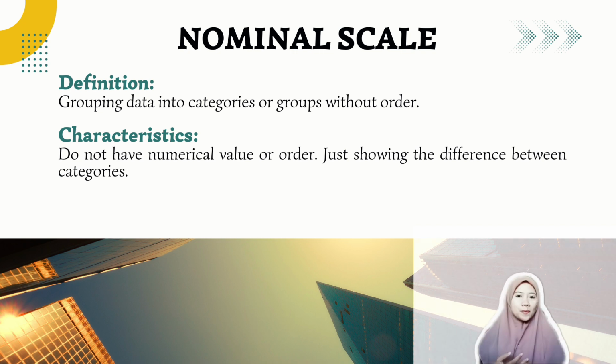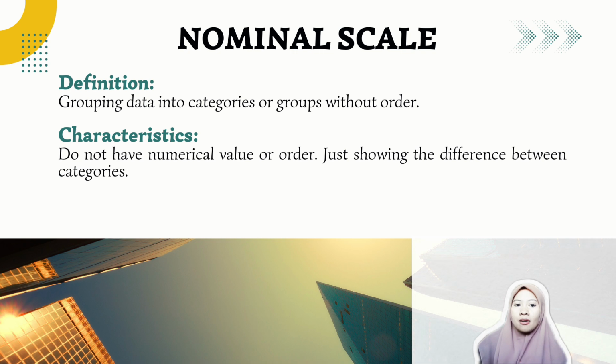What is the nominal scale? Nominal scale is the simplest and most basic scale of measurement. On this scale, data are grouped into categories or groups with no order or numerical values that we can use to compare the categories.